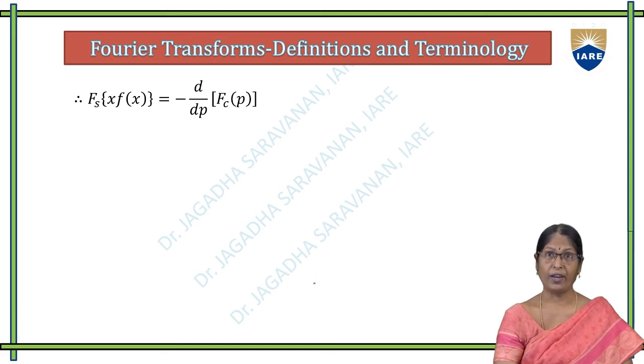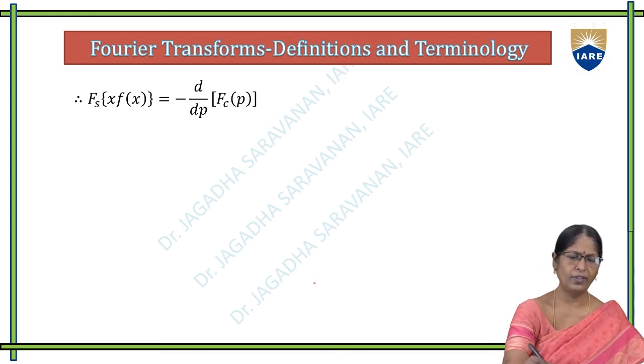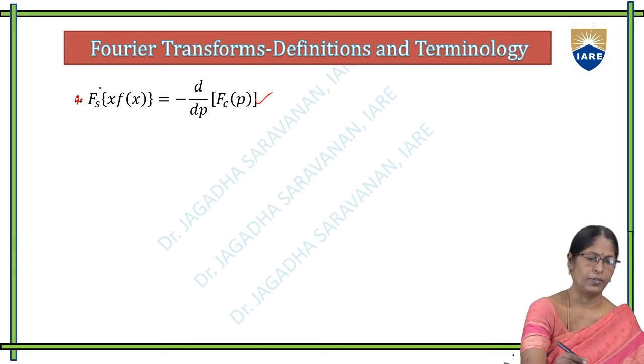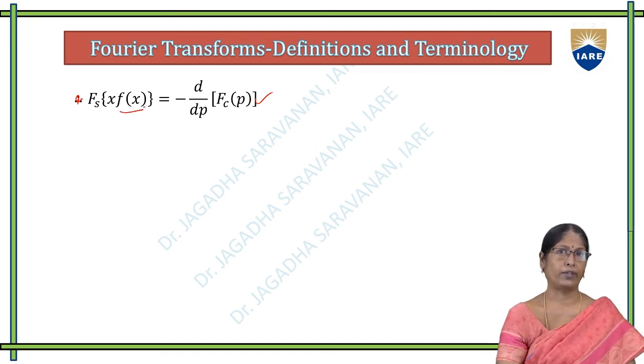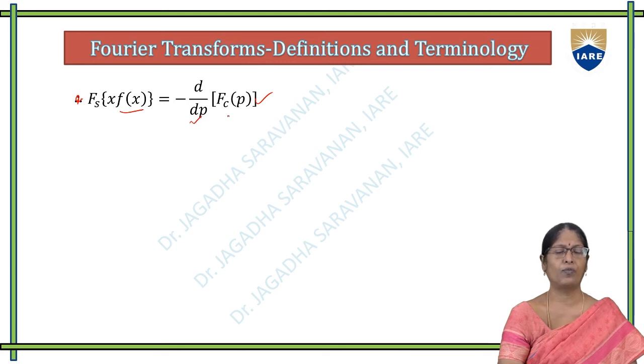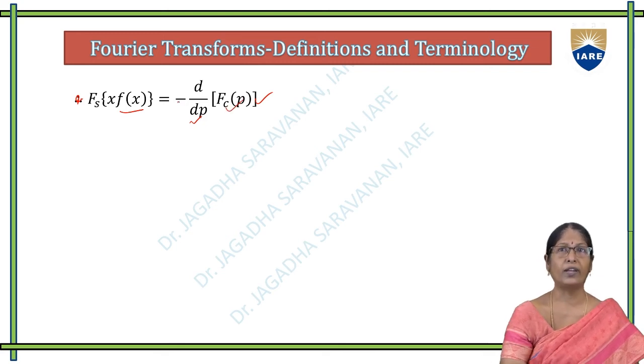So now, what are the formulas? Finite, infinite, and the main four properties related to our Fourier transform, how they are defined, we can see. And this also we can take as one identity. Suppose our function f of x is multiplied by x, and we are asked for the Fourier sine transform, it is nothing but the first derivative of our Fourier cosine transform with a negative sign.